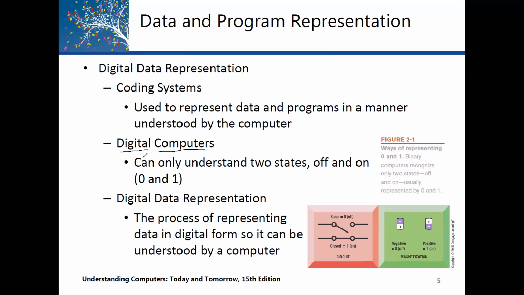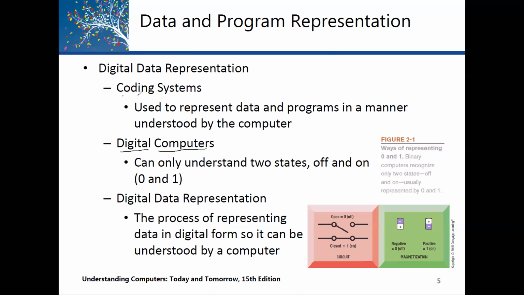That's why it becomes a digital computer. And then we will see how we can translate the instructions in our language, say English, into digital form, into digits, right? That mechanism, that system, is called the coding system, and the process is called digital data representation. With the coding system, we code our English or natural language instructions in the form of digits so that the computer can understand.